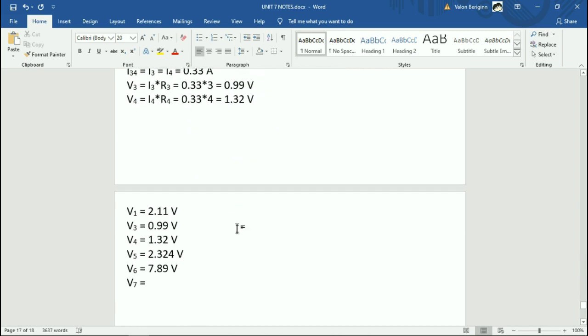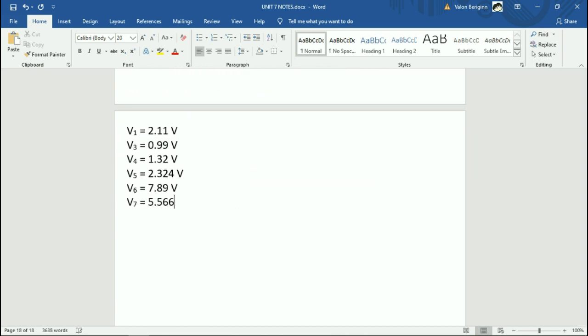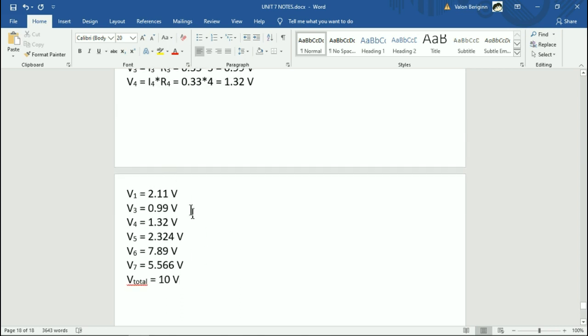V7, 5.566. Oh, and we have that V total equals 10. Again, you might think, well, this does not add up to 10. No, it doesn't, right? But that's because it's not that everything is in series or parallel. It's all a weird combination. We could work through it and figure out to make sure it works true by going through the pieces, but I don't think you want me to do that.